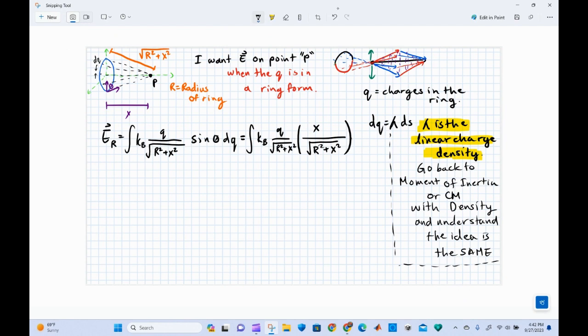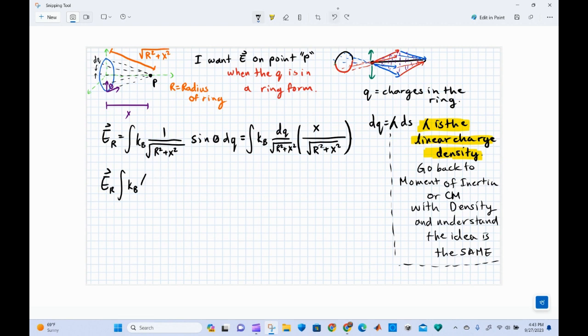And then, oh, I'm being a dodo brain. Okay, so that makes sense actually. Okay, so we have this too. Now, E_R theta is the integral of k times the linear charge density, ds, dx.